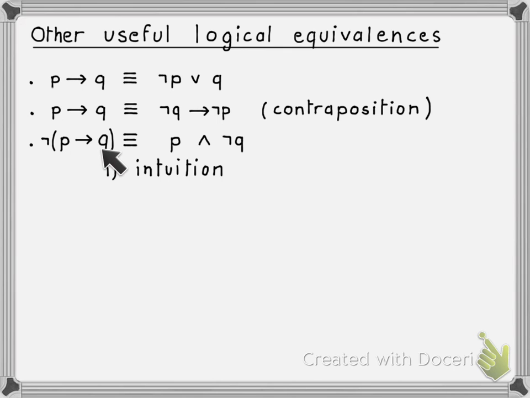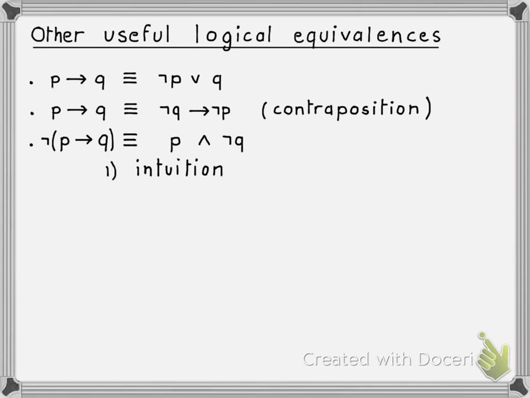P implies Q. We know that it's false in only one case, namely when P is true and Q is false. So what the left-hand side says here, it is not the case that P implies Q. In other words, P implies Q is false. Therefore, it must be the case that P is true and Q is false. And that is the intuition why this logical equivalence holds.